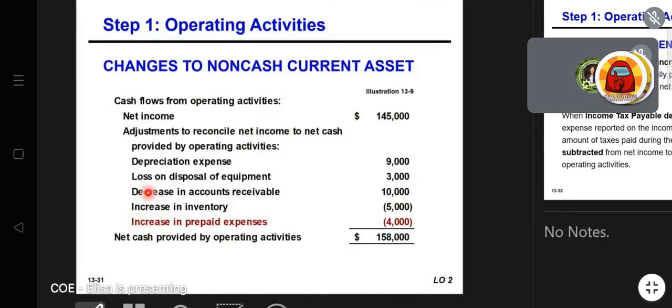These are non-cash items. So we analyze their increase or decrease: 1, 2, 3.